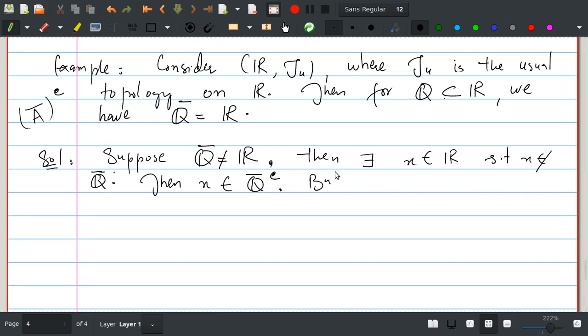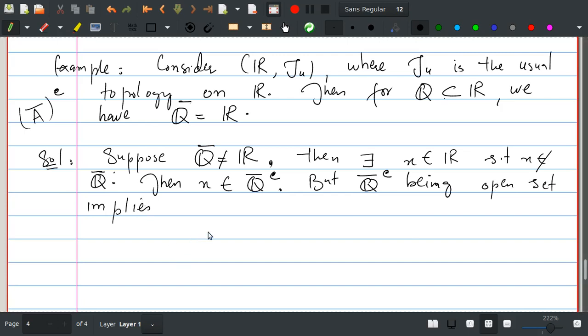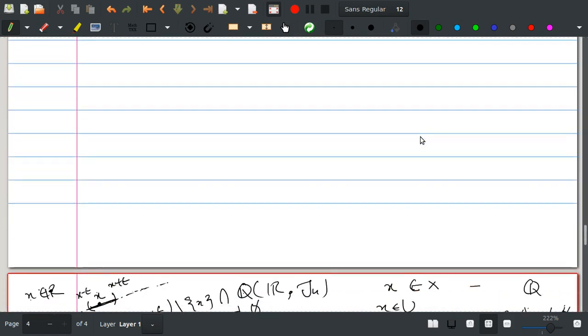Since Q closure complement is an open set, this implies that there exists... Let us recall what we mean by an open set.